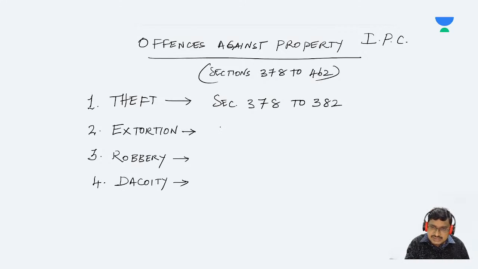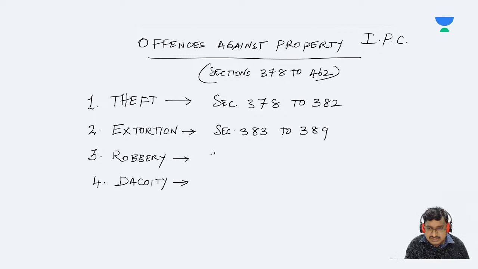Thereafter, sections 383 to 389 of IPC are dealing with the offense of extortion.